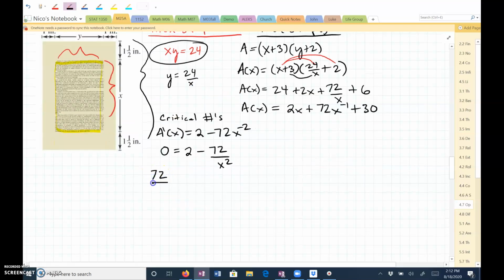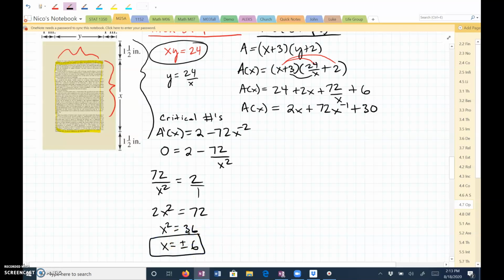So this would be 72 over x squared equals 2. Cross multiply, you get 2x squared equals 72. Divide both sides by 2, you get x squared equals 36. Square root both sides. x equals plus or minus 6. Okay, so it doesn't make any sense for x to be negative.